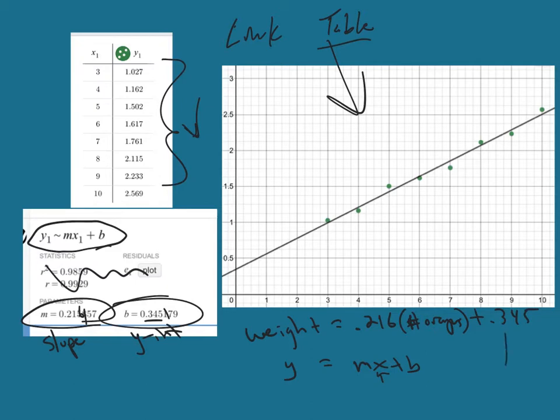And so this must have been the weight of the box before we put any oranges in it, or at least that's our estimation of that piece. We don't actually know because we started with 3 oranges in the box, so we don't know exactly what the empty box weighs. But every time we put an orange in, on average, we're going to gain 2/10 of a, I guess it was a gram.